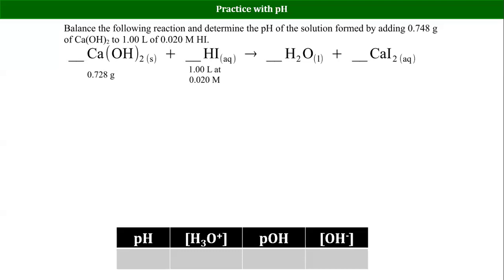We plug in 10.48 here equals negative log of hydroxide concentration. How do we solve for hydroxide? We start by moving that over, right? How do you undo a log? If it's ln, you raise up e to the power of both sides.